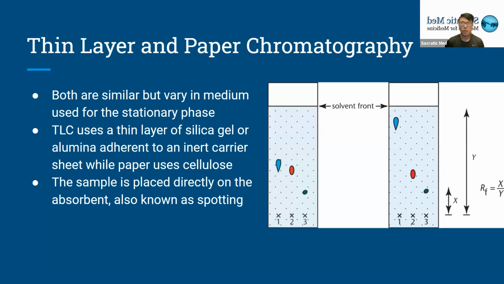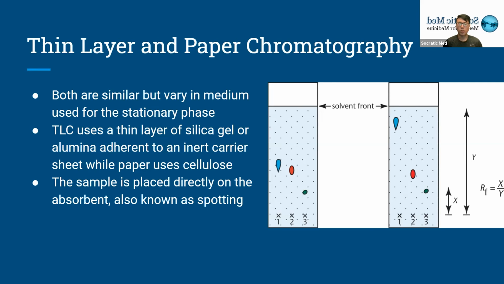So here's an example. The first example I'm going to go over is thin layer chromatography, or also paper chromatography. Those two are very similar. They just differ based on the medium that's used for the stationary phase.